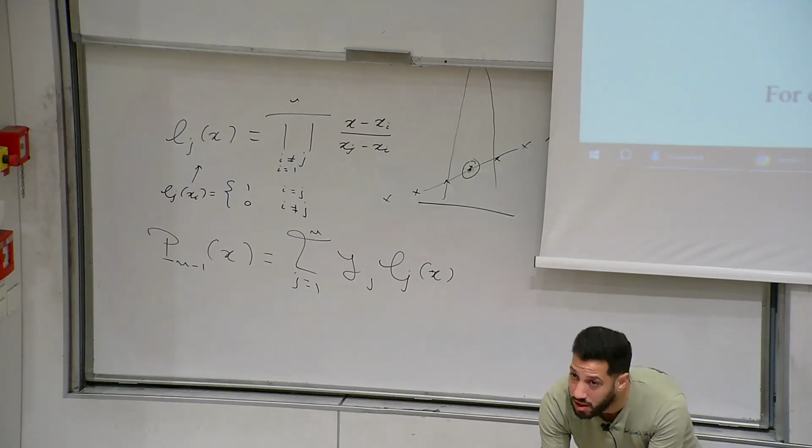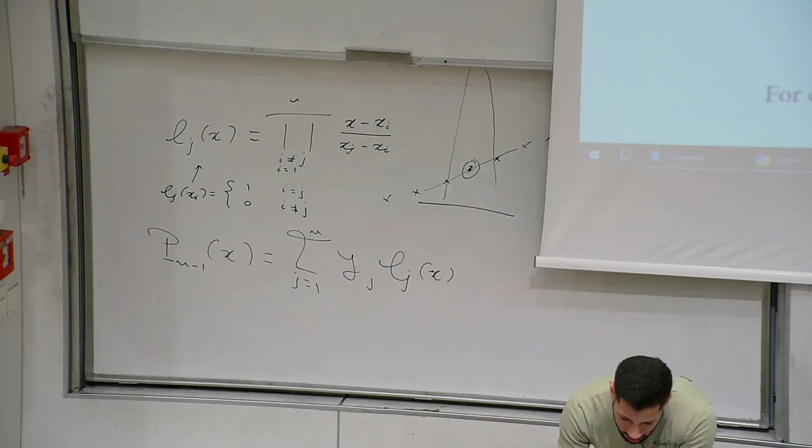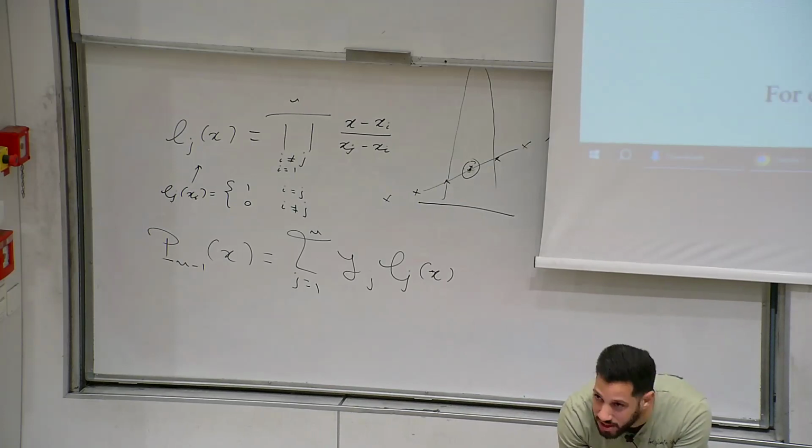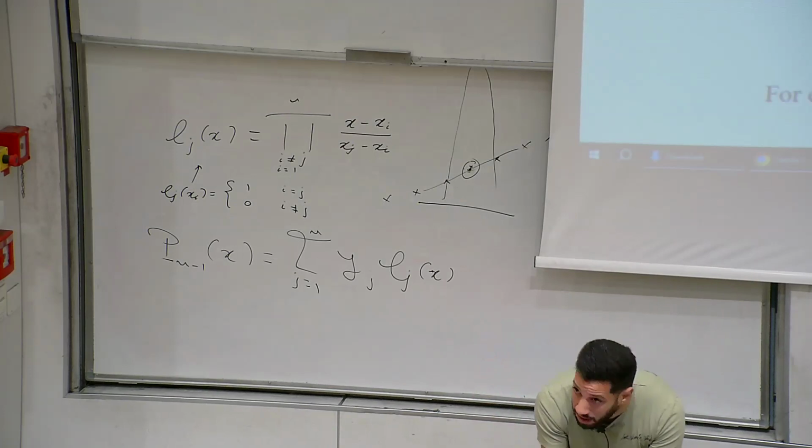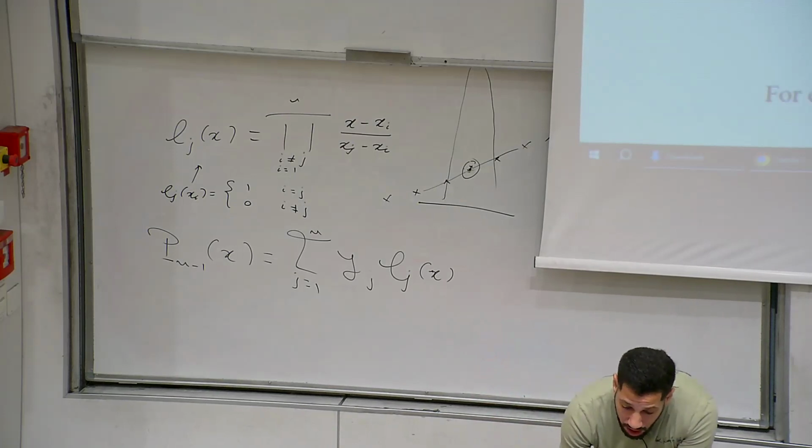Okay, so that's the Neville algorithm. So let's say that I want to evaluate the value of the function at some point x that's not x1, x2, x3, x4. It is about a specific x.